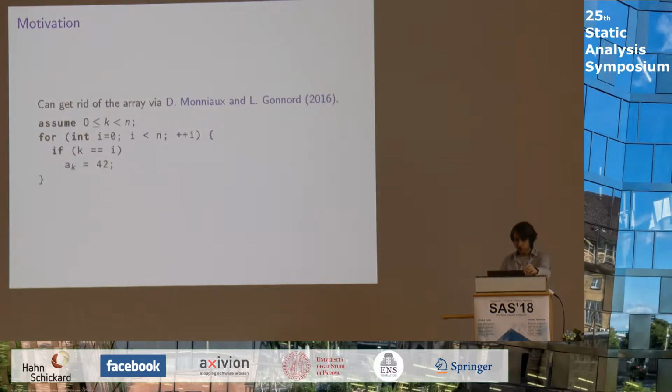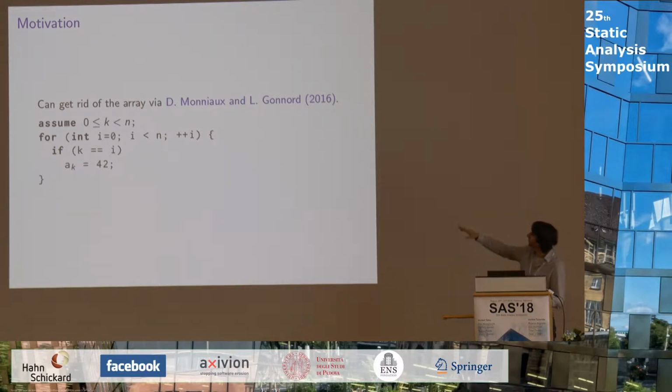And then we can make this program understandable to even the simplest abstract interpreter possible by applying this technique by David Magnier and Lorgoner. There are multiple versions of this technique, but basically you replace arrays with auxiliary variables.